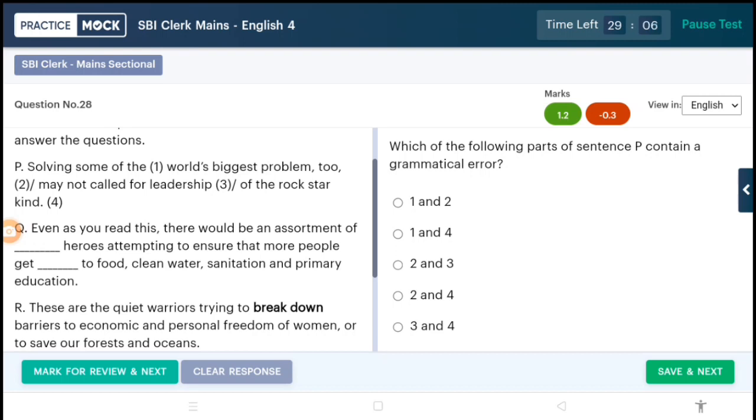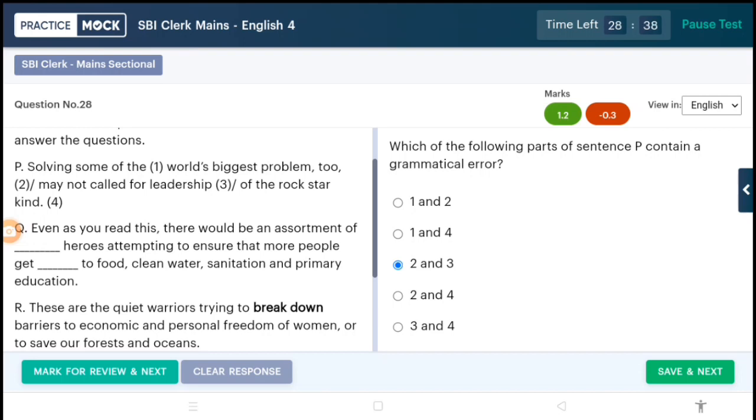Solving some of the world's biggest problem may not do. Solving some of the. 2 and 3.